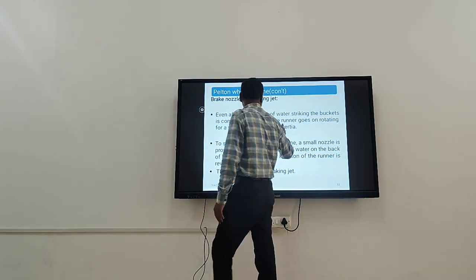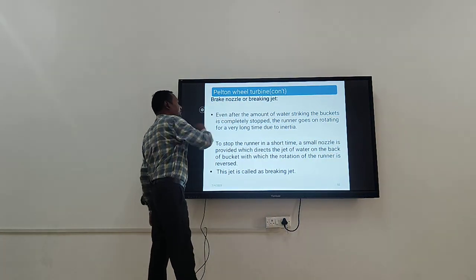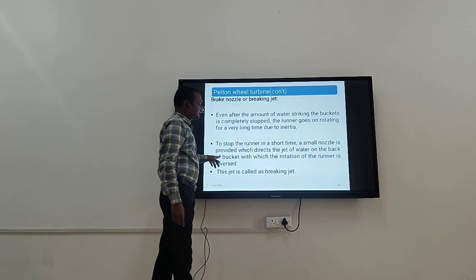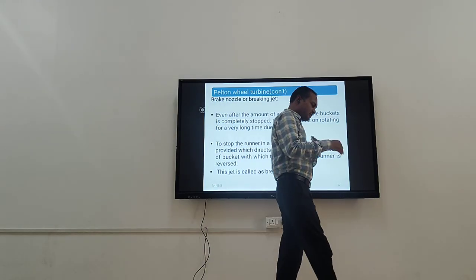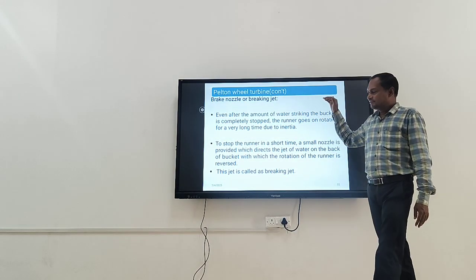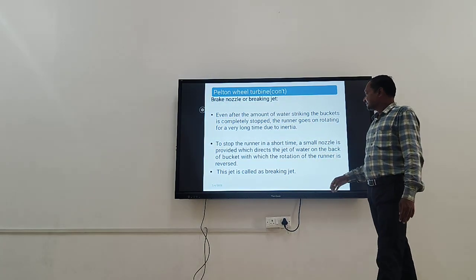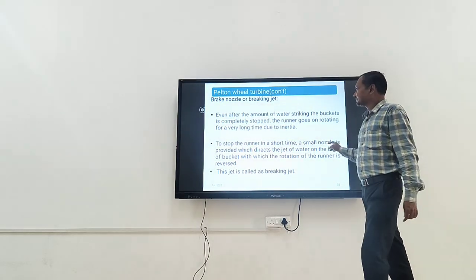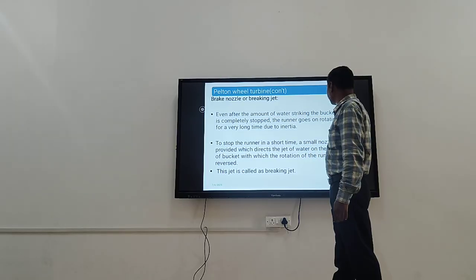So that's why the brake nozzle or braking jets are provided. To stop the turbine in a short time, the brake nozzles are provided, and that is why it is called a braking jet or brake nozzle.